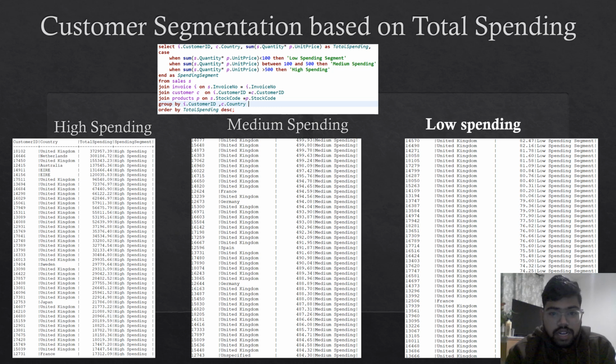We have given the country of the people from the United Kingdom who have spent in medium spending, and you can get the people from the United Kingdom having high spending. And we are ordering them in descending order, because we can get high spending first, then medium spending, then low spending. If we order them by ascending, then we get low spending first, then medium, then high spending. And this is about the queries.